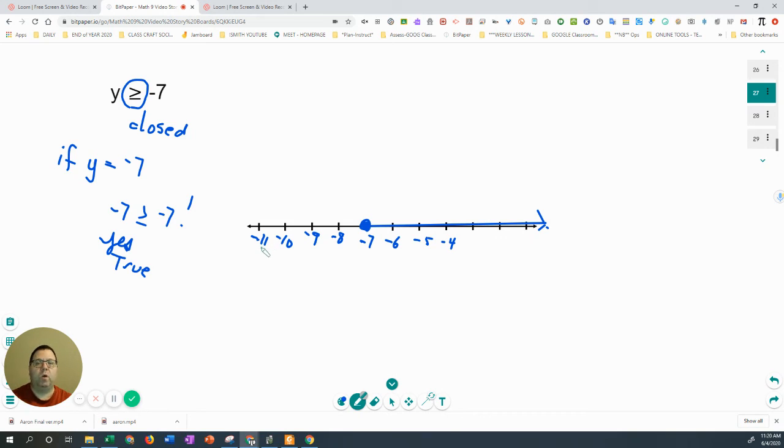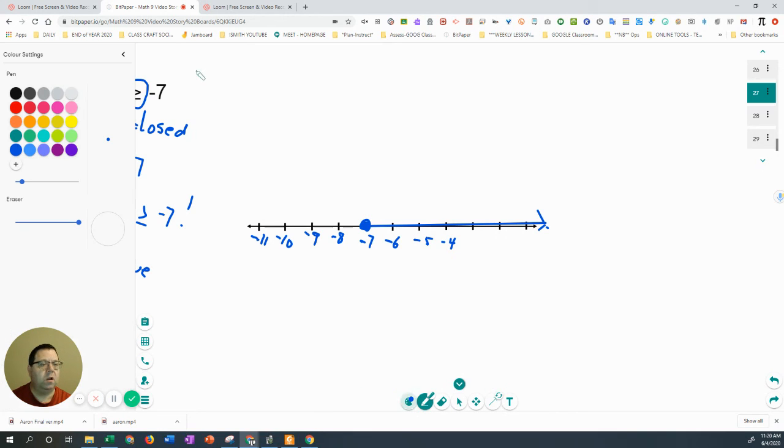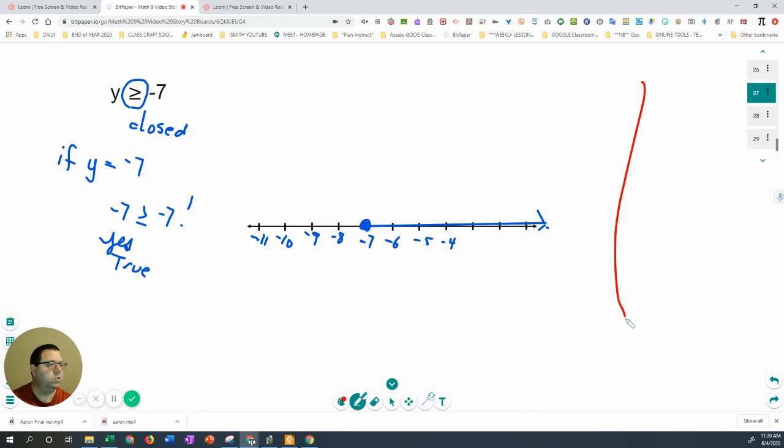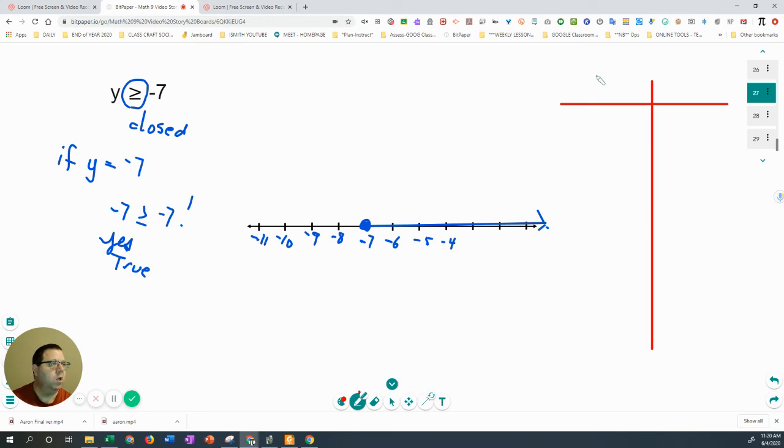That's it. I just wanted to show you the difference between closed versus open. To sum up, if you want to put it into a nice little chart, let's use a straight line, Mr. Smith, so the kids don't go crazy. Less than or greater than requires an open dot.